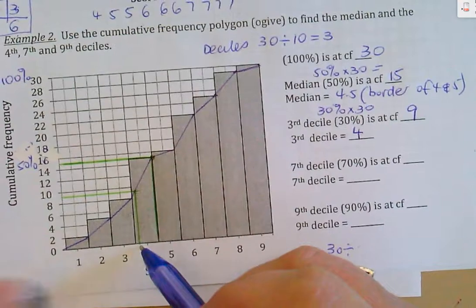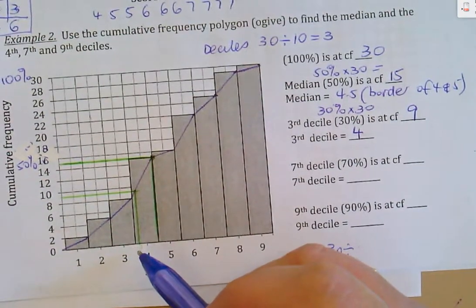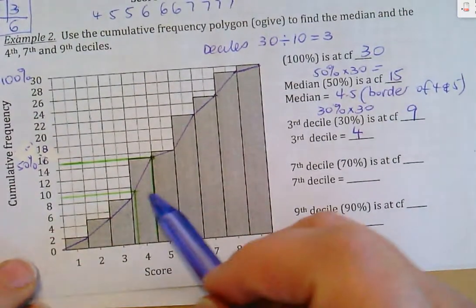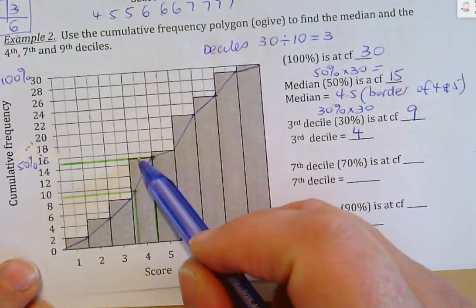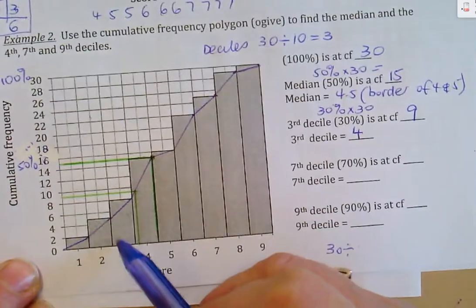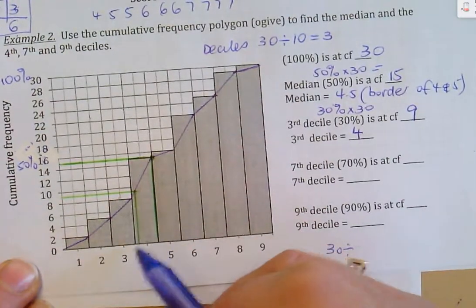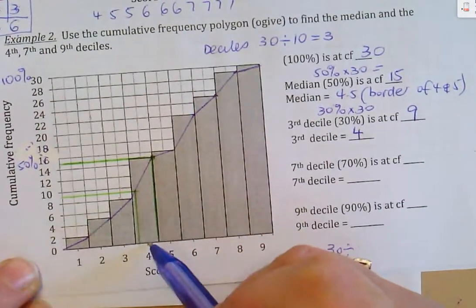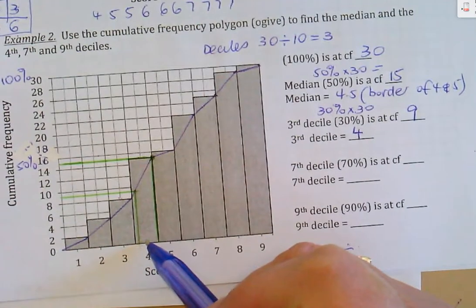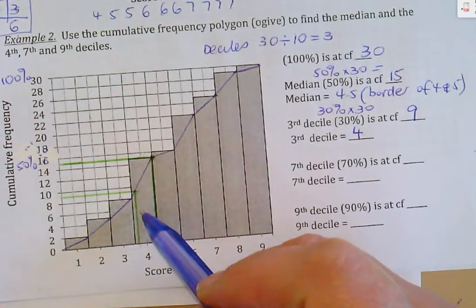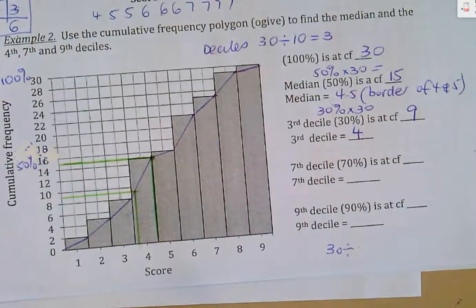If I did write the data out, number 4 would be that 30 percentile mark, because I'd have to write out the scores. You know how I've got 8 scores so far up to number 3. The 9th and the 10th score and all that will be 4. So the third decile will be 4.